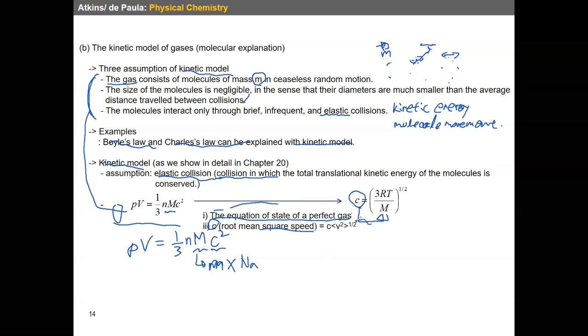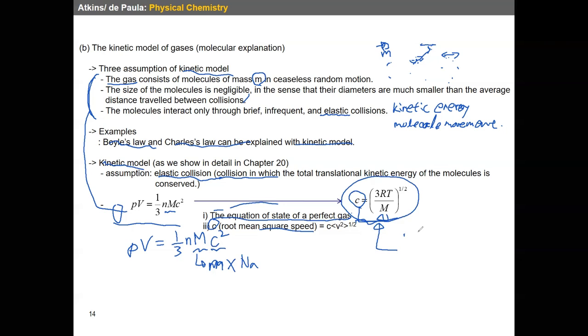So this is how we can evaluate the speed of molecules, because the kinetic energy is related to the speed of molecules. So that's why we have to calculate the speed of molecules of gases in the system.